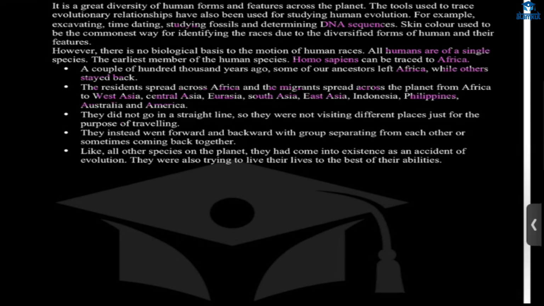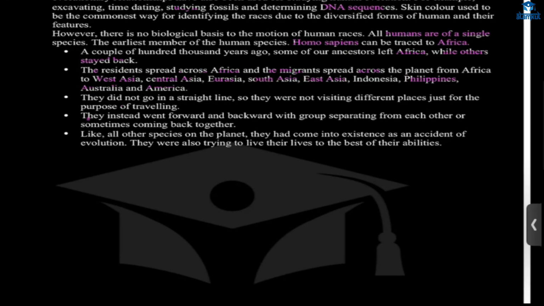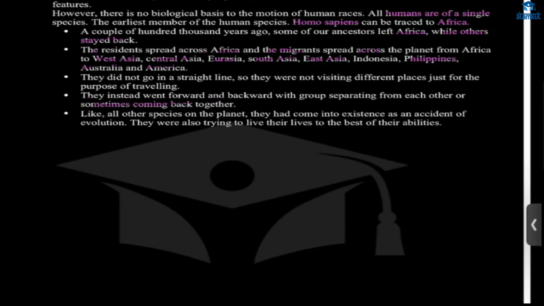They didn't go in a straight line, and they were not traveling or visiting; they were going there to settle. They went forward and backward, with groups separating from each other, or sometimes coming back together. Like all other species on our planet, we came into existence as an accident of evolution.